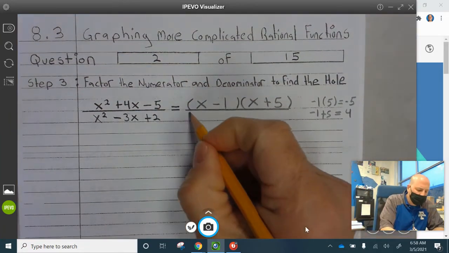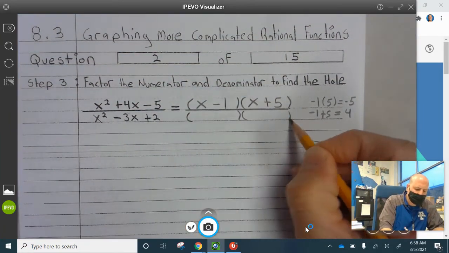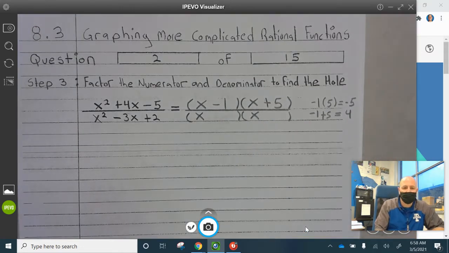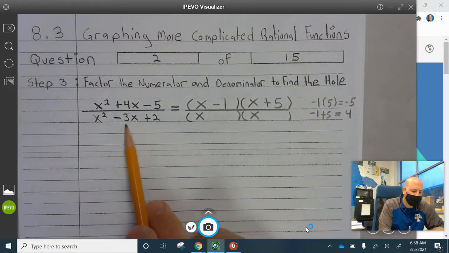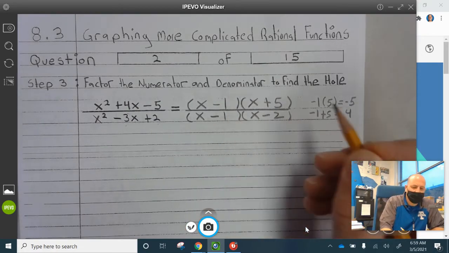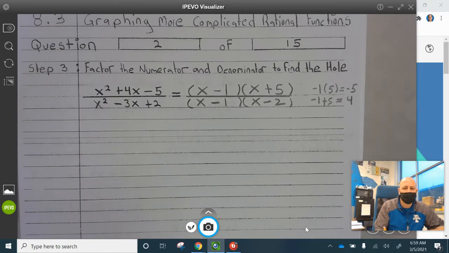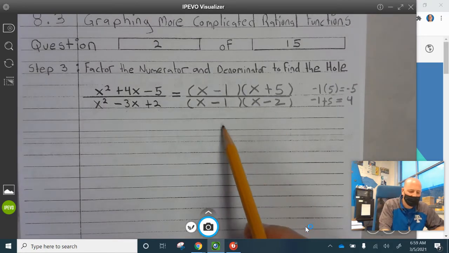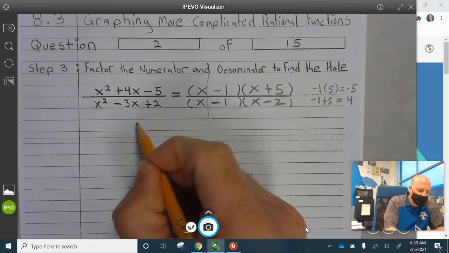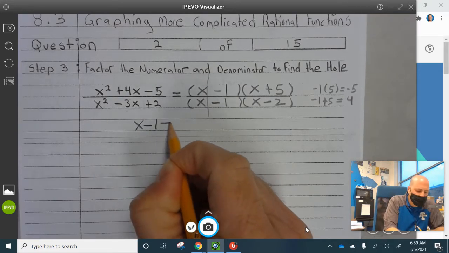Okay, so 2 parentheses, x and x. Now you ask yourself, what multiplies to give you positive 2 and combines to be negative 3? We already did that. We know it's x minus 1, x minus 2. Now to find the hole, we look for what divides and becomes 1. This divides and becomes 1. So to find the hole, we're going to set x minus 1 equal to 0.